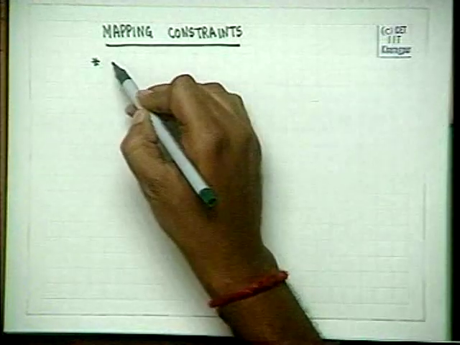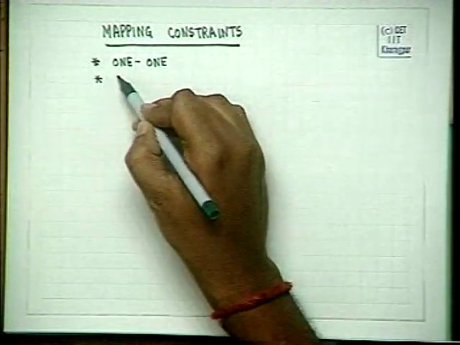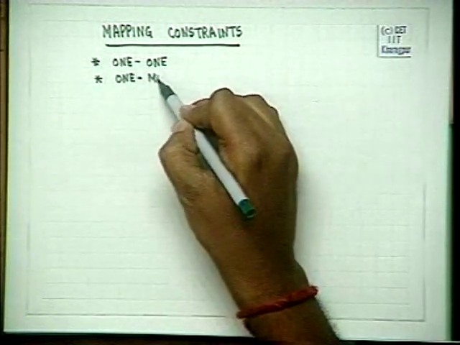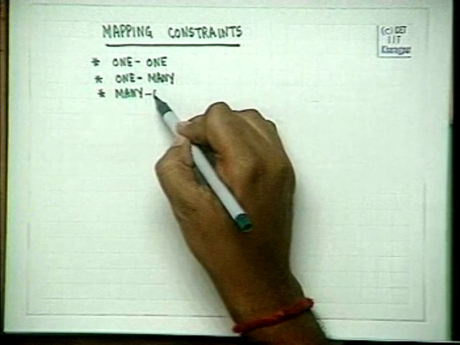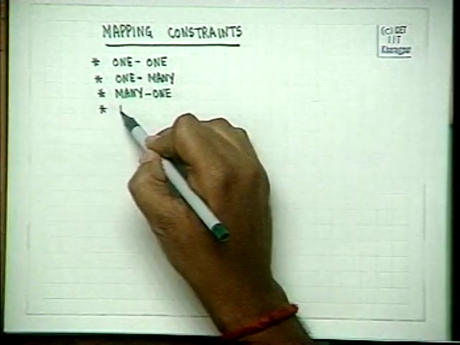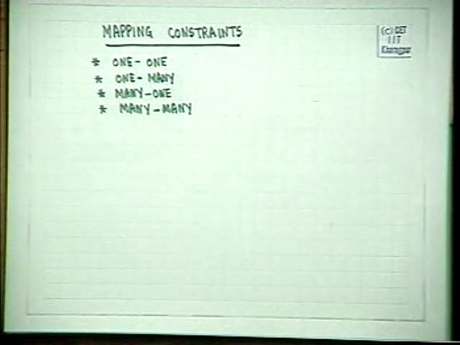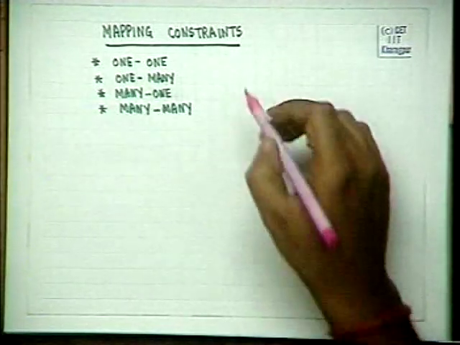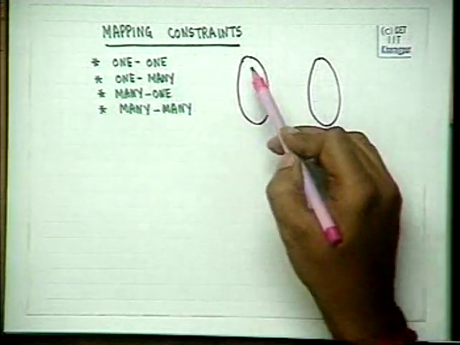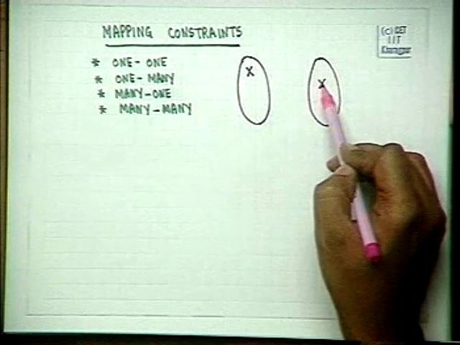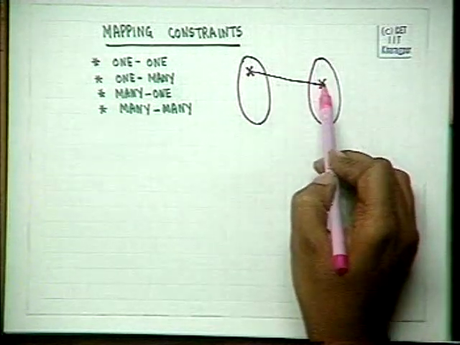We already know from basic mathematics that we have the following types of mappings between two sets. One to one means that if there is a mapping between these two elements, then there cannot be a mapping from this element to any other element here, or this element to any other element here.